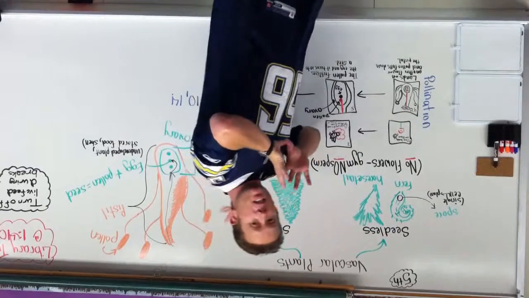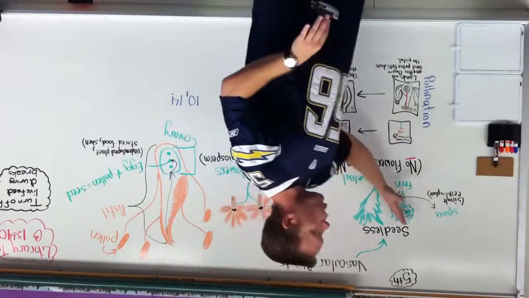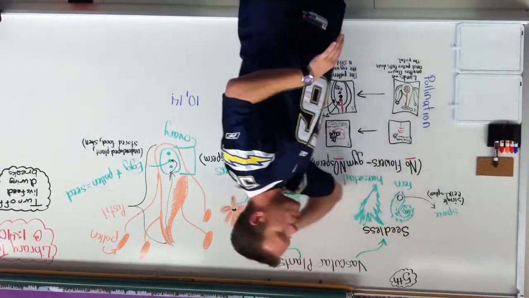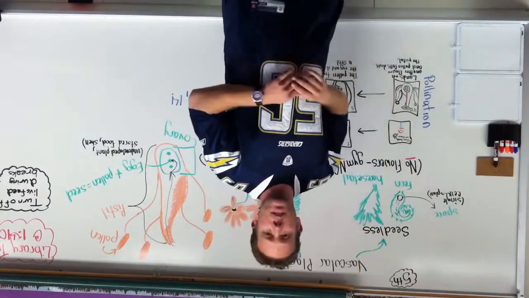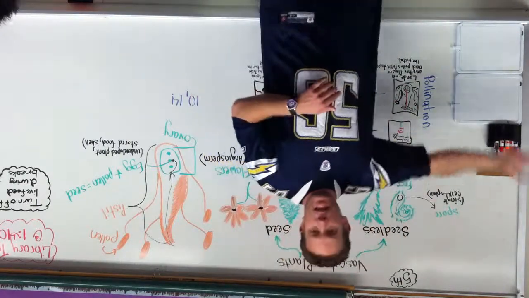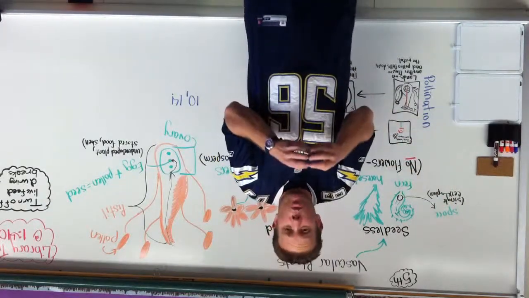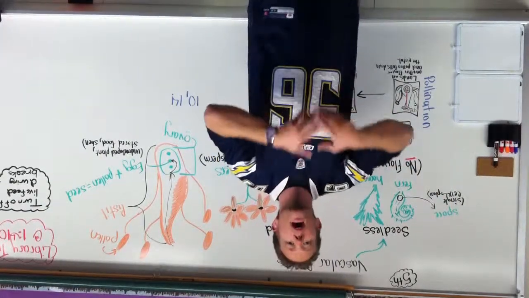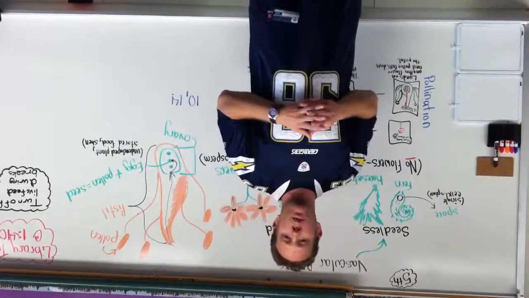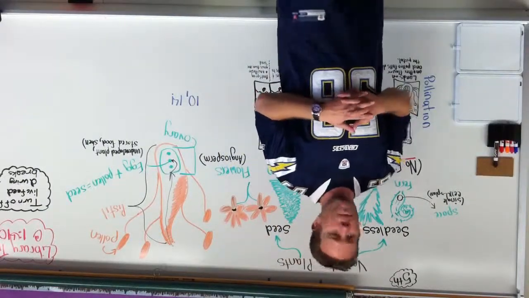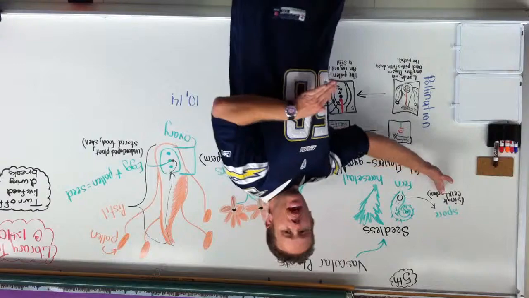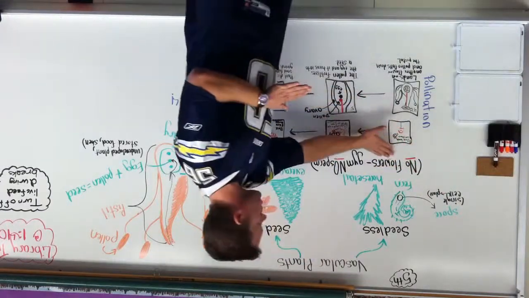Then a big gust of breeze comes by, blows the spore off. It may travel a mile down the road because of the breeze, and then it lands. Hopefully, if the spore lands in some good, rich soil, a new plant is going to sprout out of that spore.